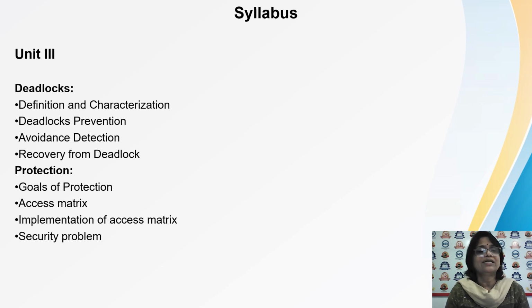So unit 3 will throw light on the goals and principles of protection in modern computer systems. It will explain how protection domains are used to specify the resources a process may access.